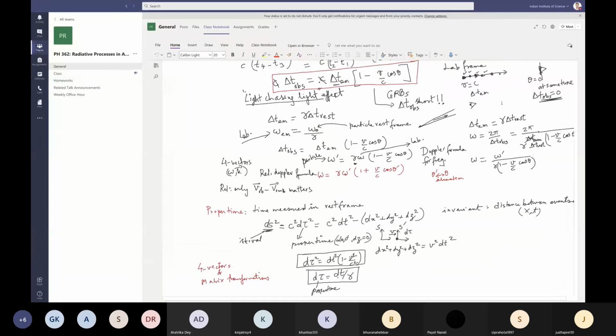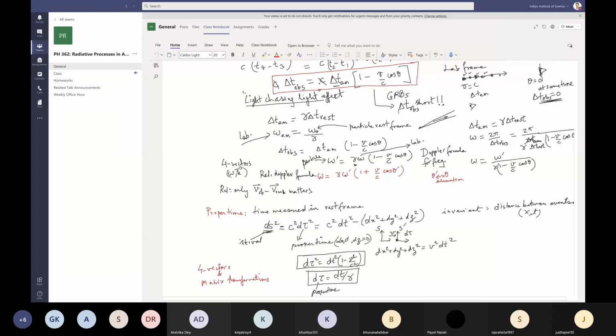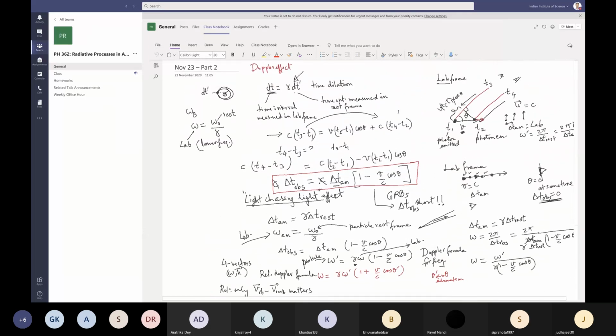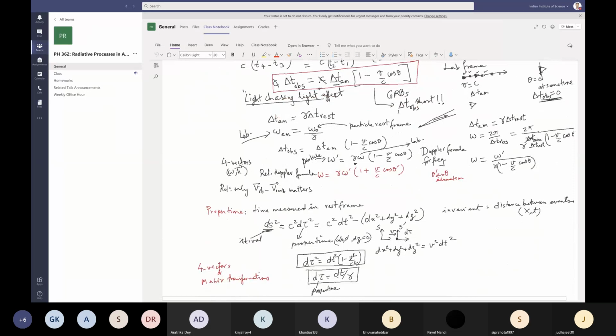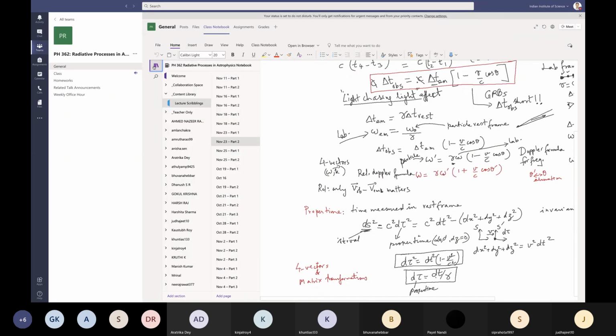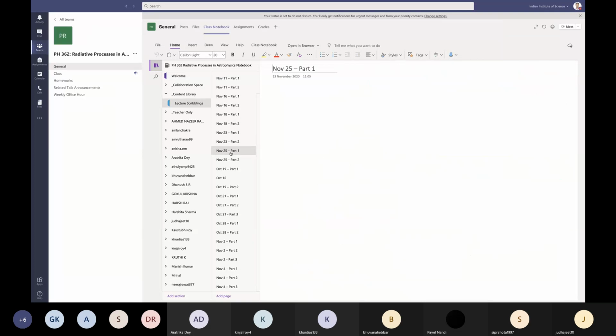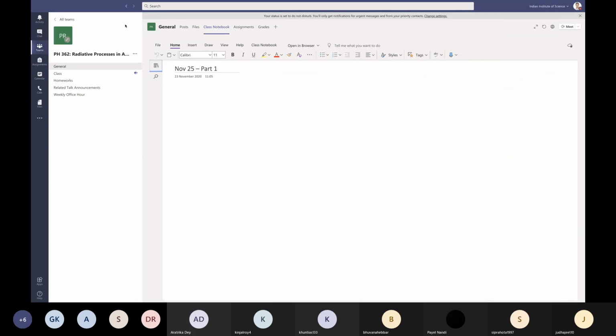So, we talked about time dilation, length contraction, some physical way of looking at Doppler shift. But this is all very physics based and intuitive, but there is a mathematical way of doing all this, and that's the language of four vectors and tensor analysis and all that interesting mathematical stuff about relativity.